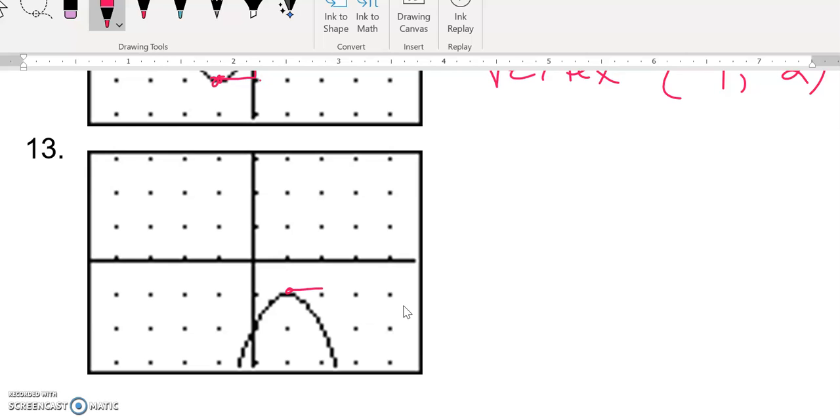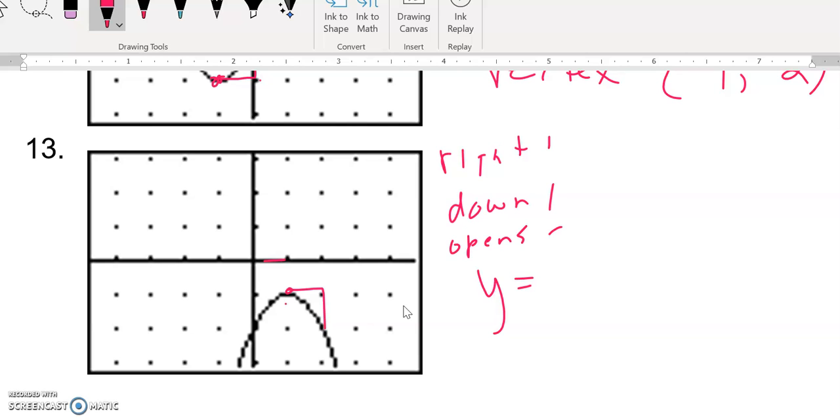Here, over 1, down 1, assuming that it's not narrow or wider, then I went right 1 and down 1. So y equals, and it opens downward.